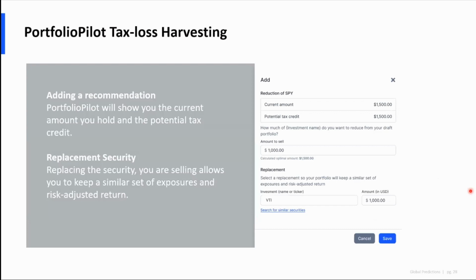And in any case, if you wanted to do a replacement like Reed had shown you regarding the SPY and VTI replacement, this is also someplace where you can type in the ticker or the name. It'll auto-populate and you can select the amount. If you want to replace and aren't sure what types of securities you could replace it with, we also have this section where you can search for similar ones. Yeah, just keep in mind, it can't be too similar.